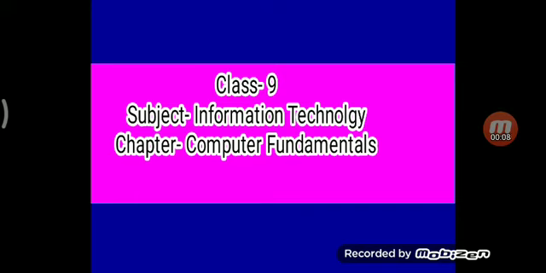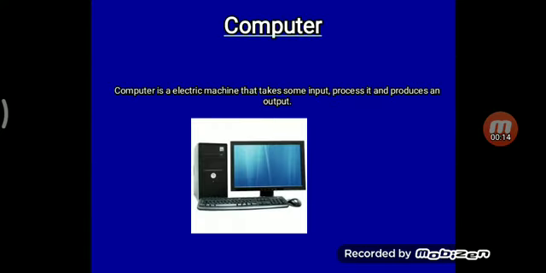This video is for class 9, subject Information Technology, and the chapter name is Computer Fundamentals. First heading is computer. What is a computer, or what do you understand by computer?